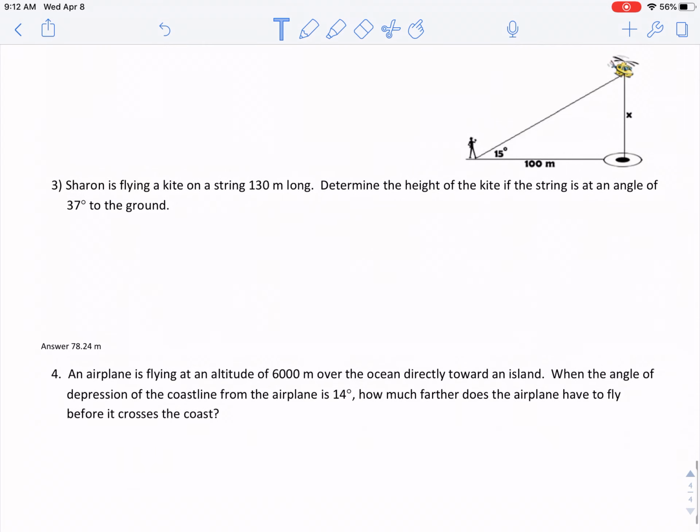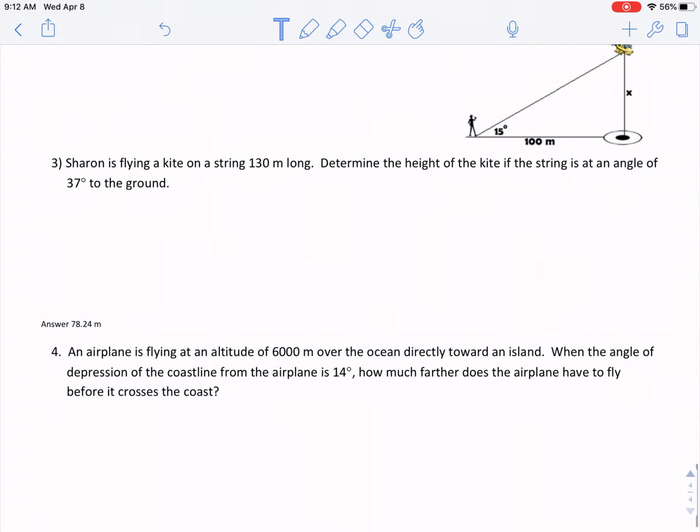I'm going to help start number 3. I'm going to leave number 4 for you. If you have questions on number 4, please let me know. Just reading through number 3, I know the string is 130 meters. I want the height. I know the angle to the ground is 37 degrees. So I have a string.